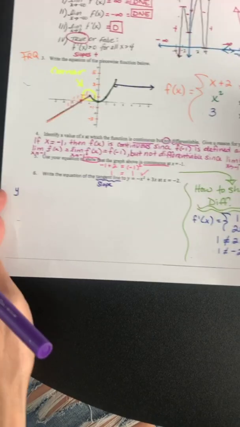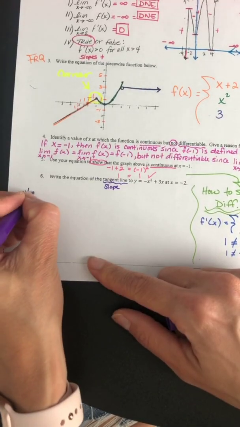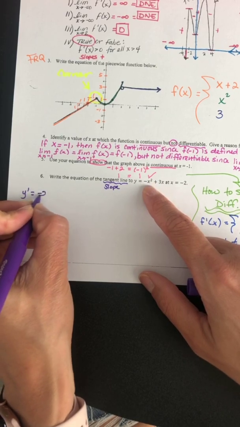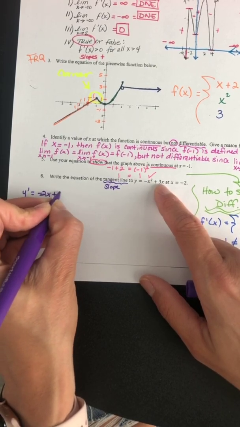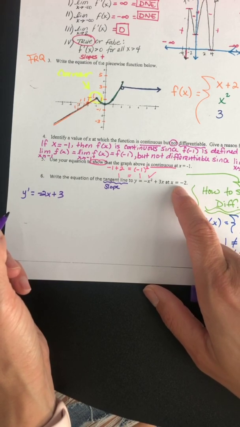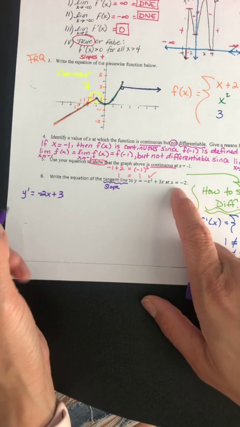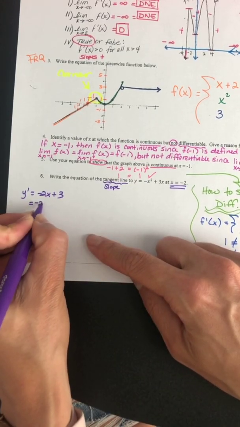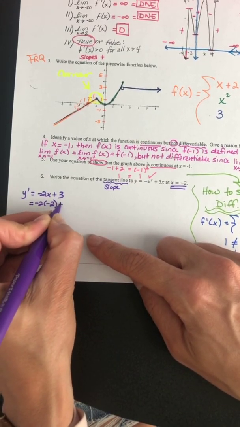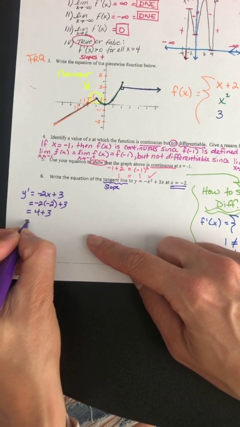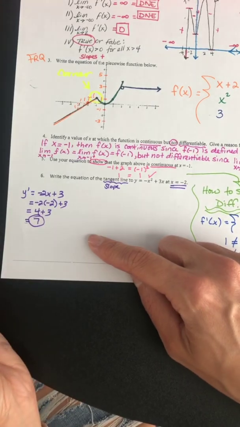Y prime equals, if I drop down that 2 exponent, negative 2x plus 3. Now what would the slope be if x is negative 2? So we plug in that x value. Negative 2 times negative 2 plus 3 is 4 plus 3, which equals 7. So the slope is 7.